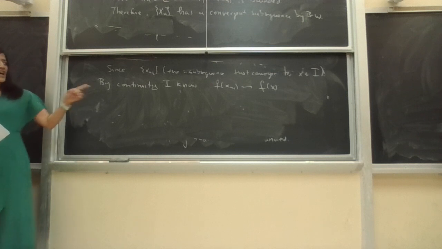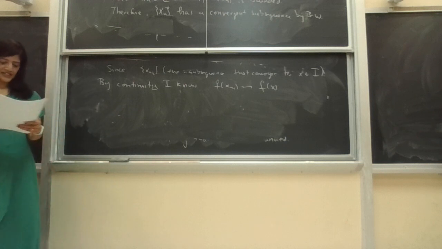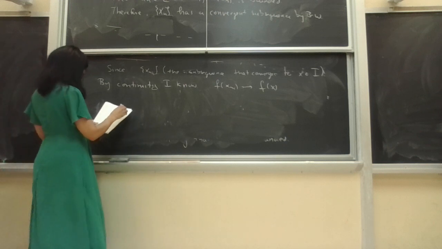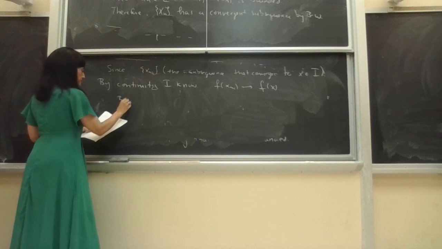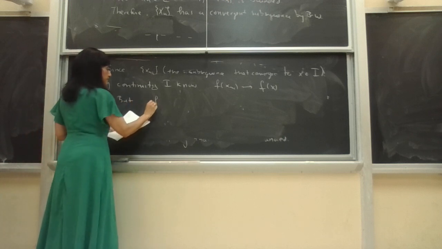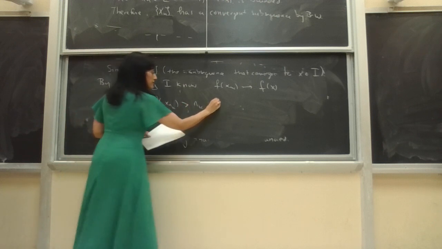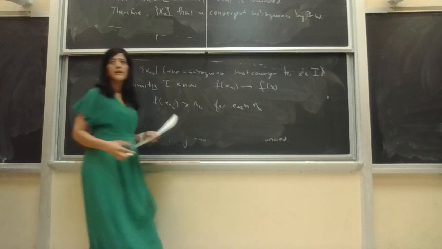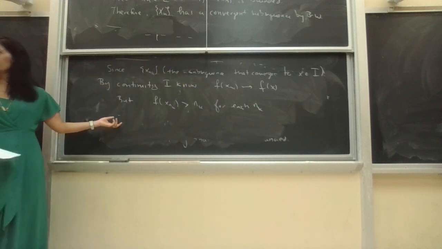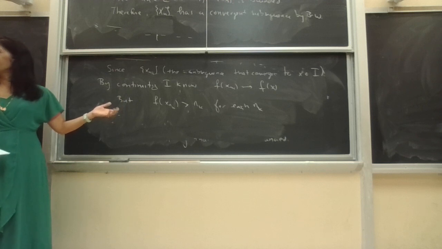Therefore, f of x, what do we know about f of x? I assumed it's not bounded. So I know this f of x_nk has got to be bigger than n_k. That's how I created it. But that's impossible.